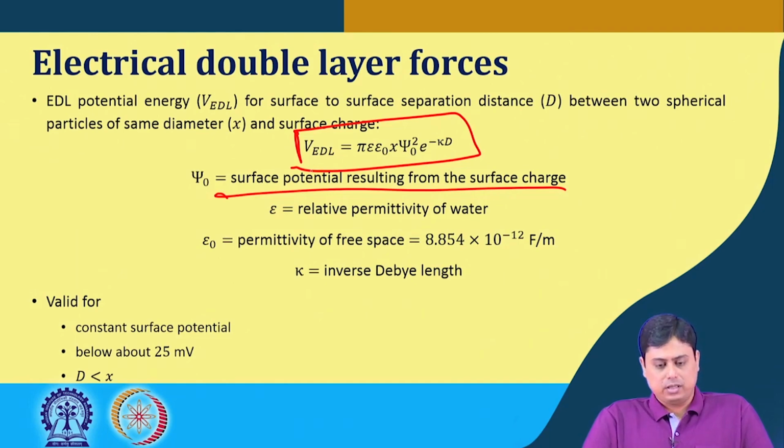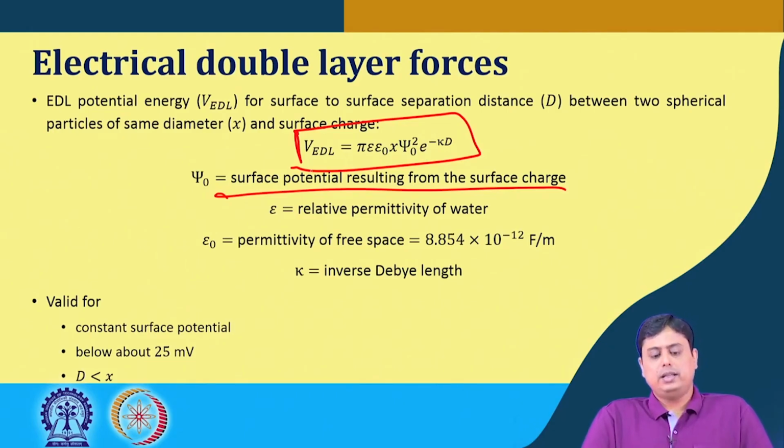Now this expression is valid for a constant surface potential below about 20 millivolts, and the other criterion is that the separation distance is much smaller than the particle size.